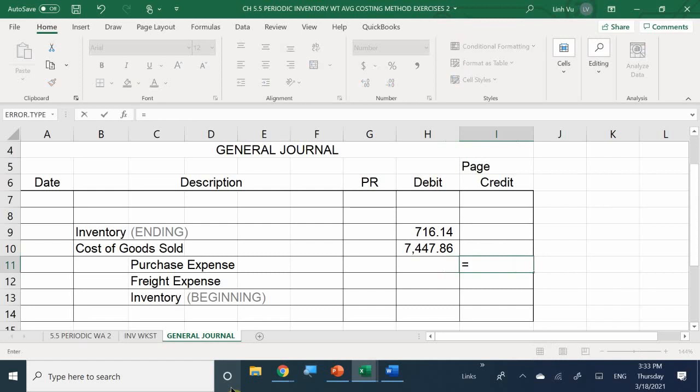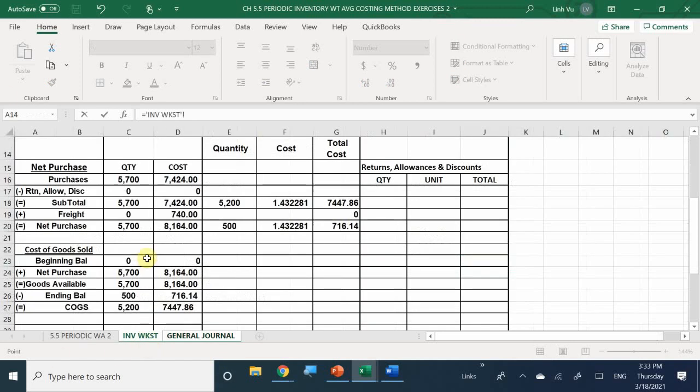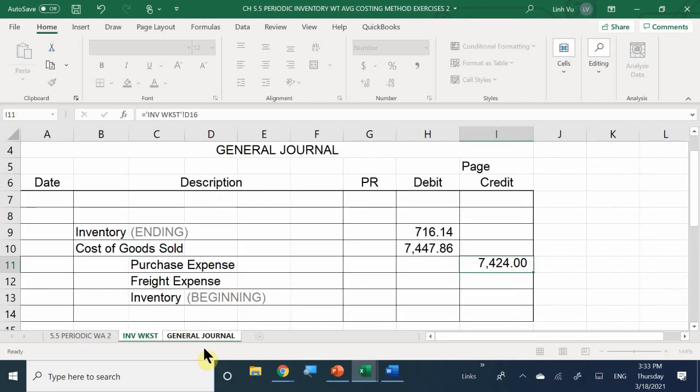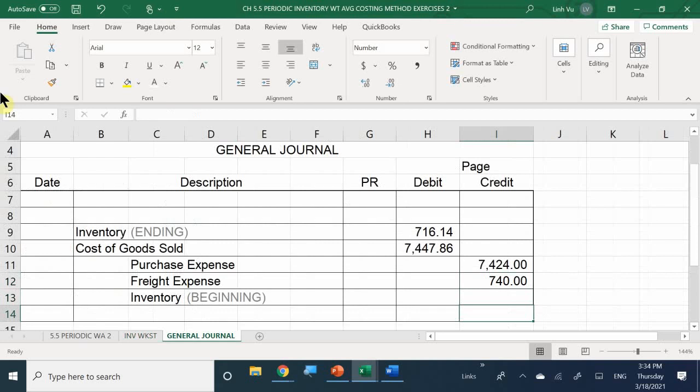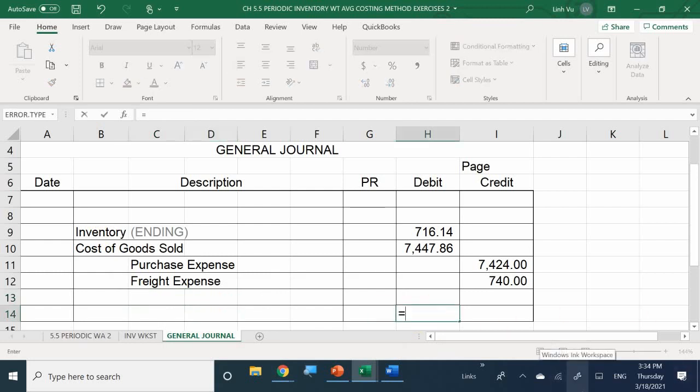All right, what was my total purchases? Total purchases was 74, 24, 99. Good. And what was my total freight? 740. Okay, so again, we shouldn't have beginning inventory, so I can eliminate this right here. And once again, sum up your totals, and do they match on each side?